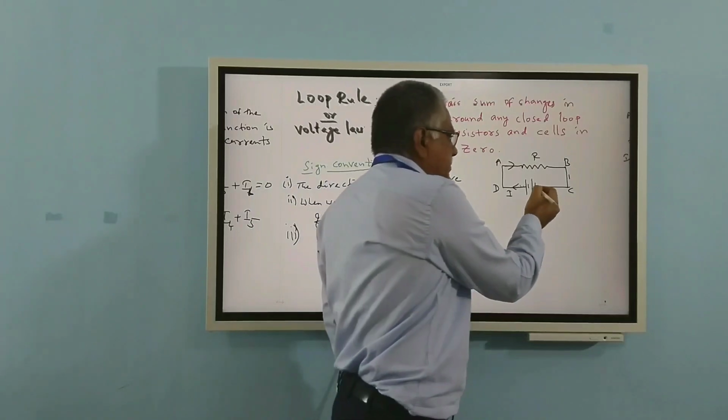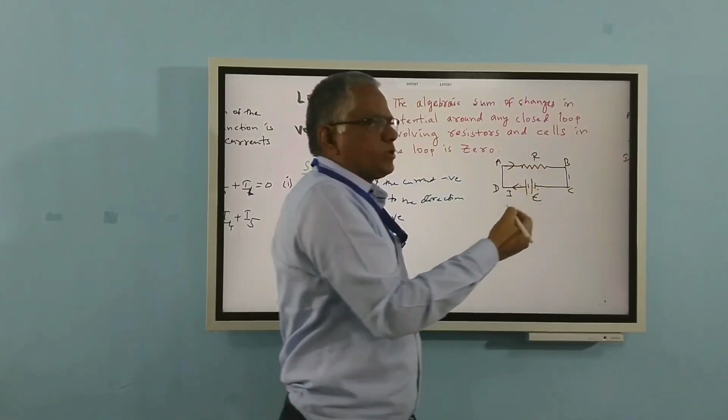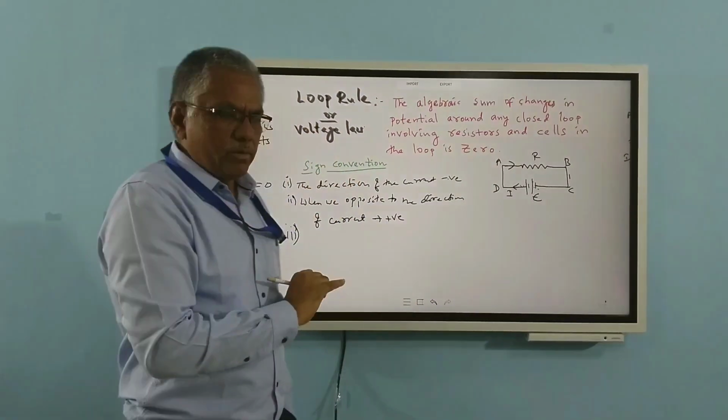That is, you can remember this terminal as the negative vertex. When you go towards the positive terminal, it is the positive vertex. That is a very simple way of remembering the thing.